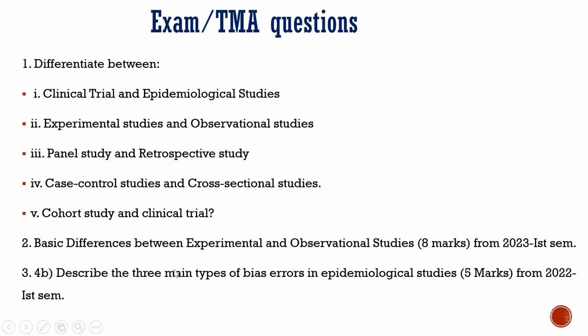Another question from the 2022 first semester exam is: describe the 3 main types of barriers in epidemiological studies. Good. I just explained it. That is why I always put these exam and TMA questions for you to pause. You can just start writing in your book what you've understood, and you can check how many questions you can answer off heart.